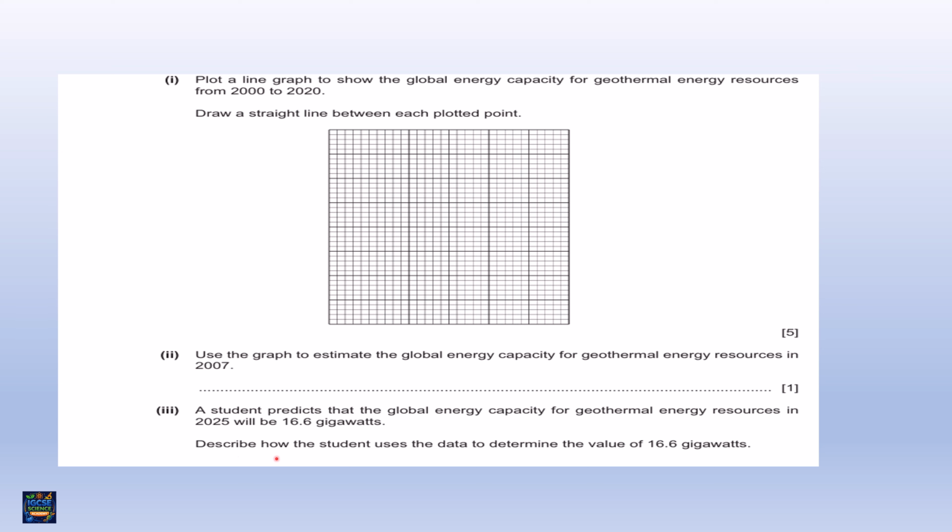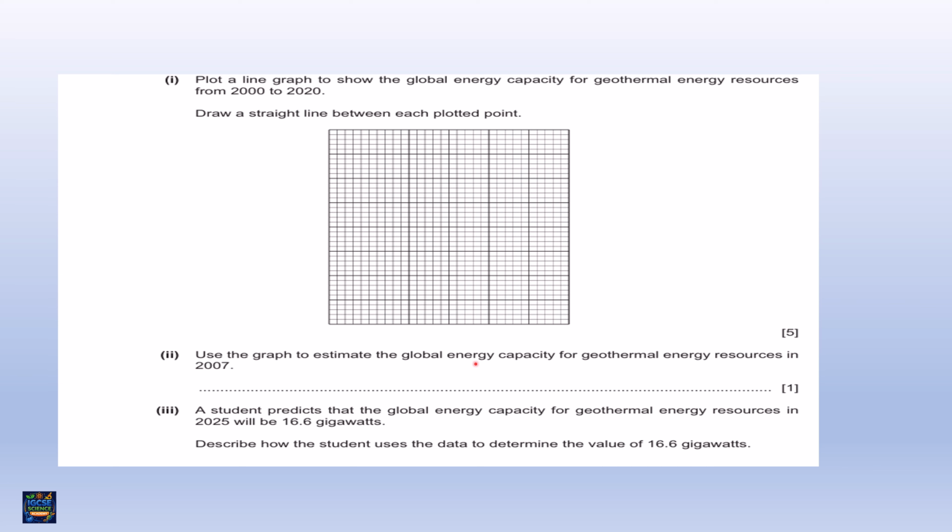Part 3 is a student predicts that the global energy capacity for geothermal energy resources in 2025 will be 16.6 gigawatts. Describe how the student uses the data to determine the value of 16.6 gigawatts. This question also carries 1 mark. So this question is based on the graph.